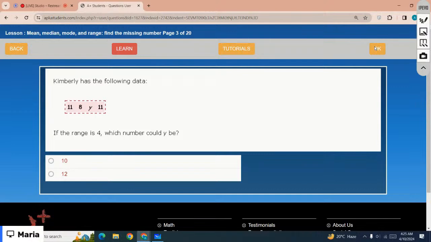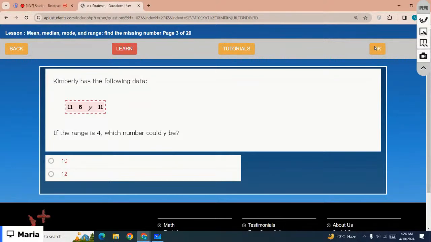Okay, Kimberly has the following data. What if the range is 4? What number could Y be? Which is the correct option? Range is 4.